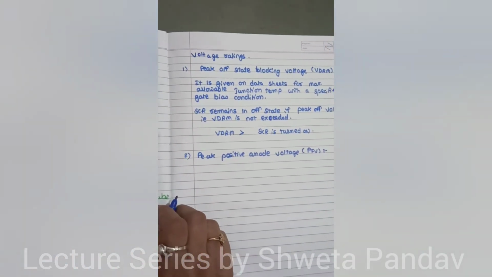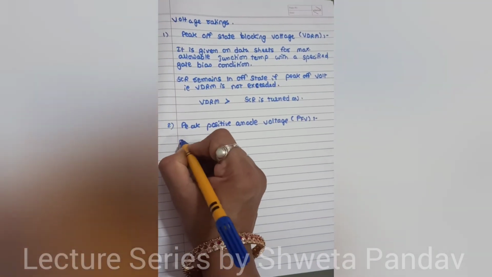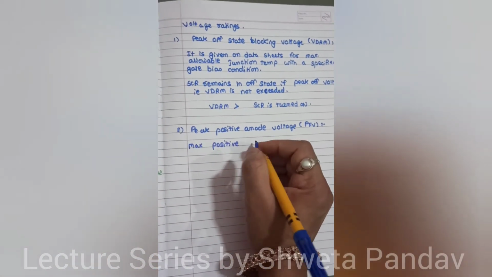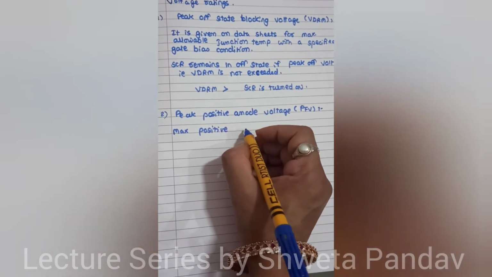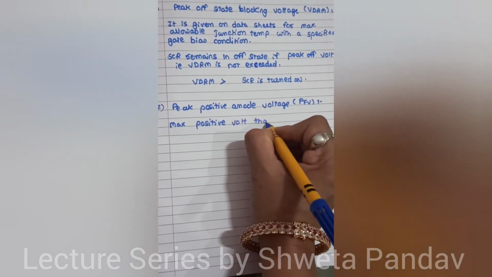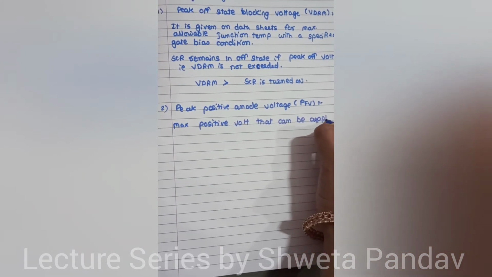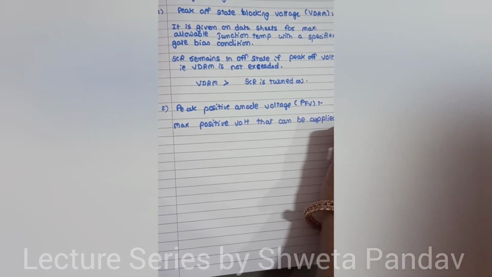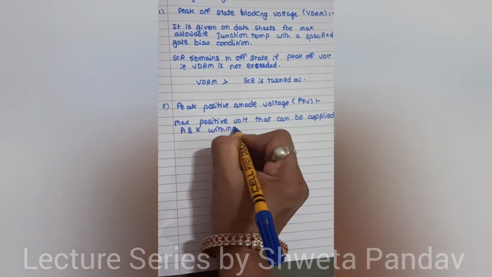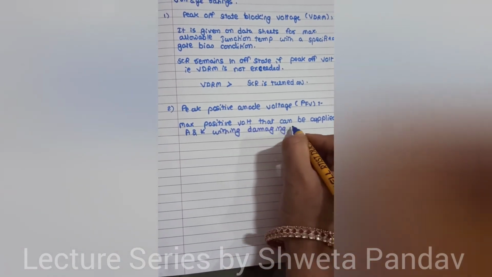It is the maximum positive voltage that can be applied between anode and cathode without damaging the SCR.